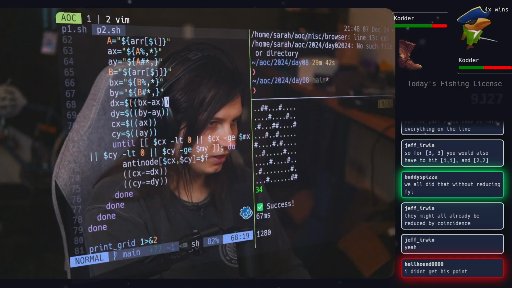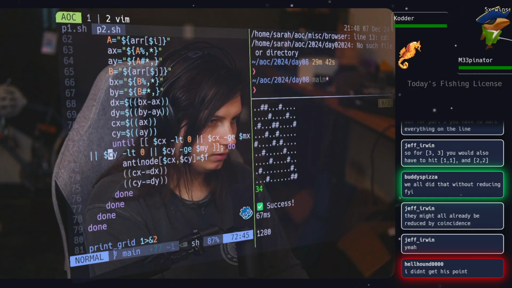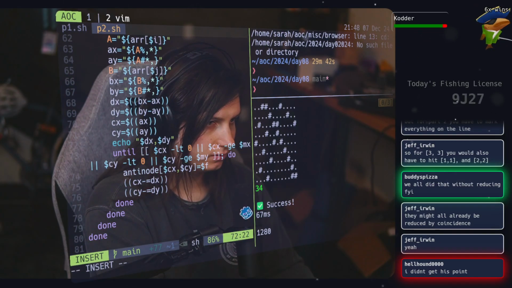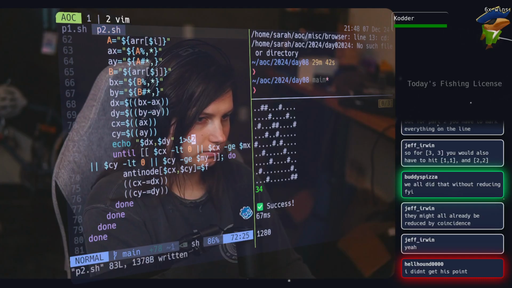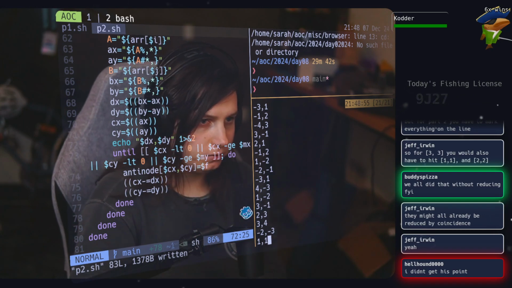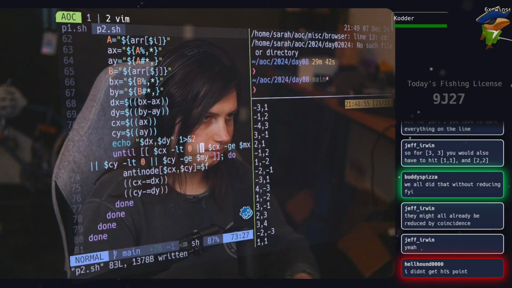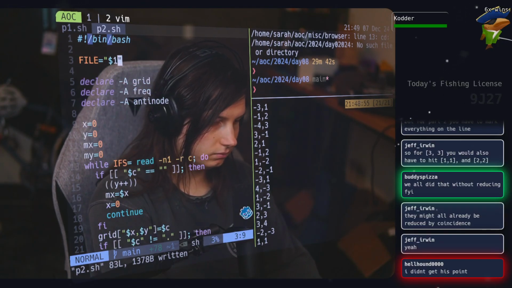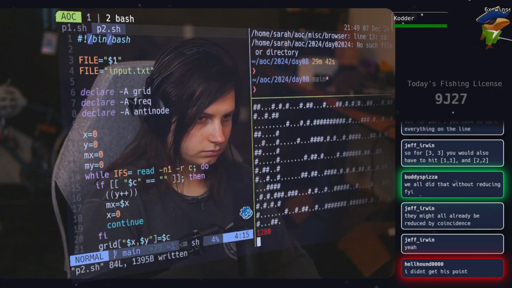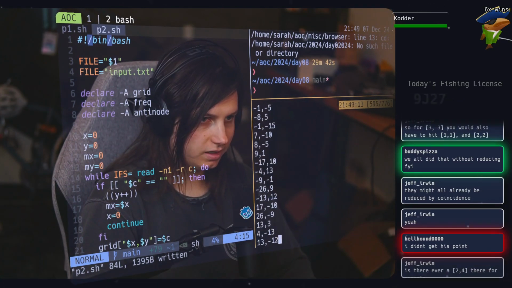Hold on. Now I want to check. Echo dx dy. Do any of these reduce? Wait, this is the sample. Hold on. How am I gonna test this?